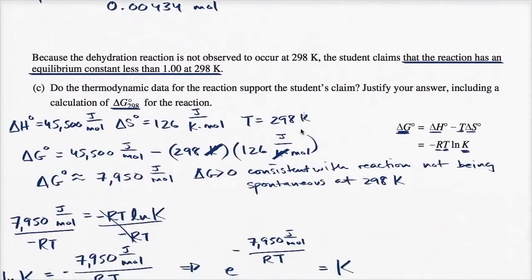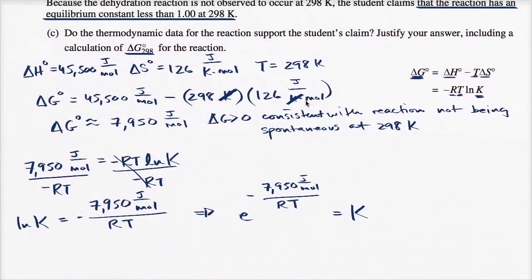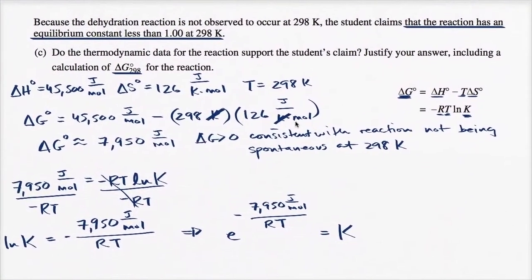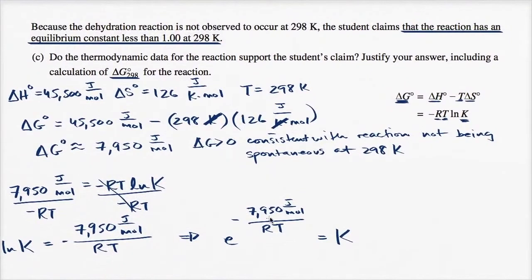But we actually don't even have to do that, because we just have to validate that K is going to be less than 1. What happens if you raise e to a negative exponent? And this is going to be a negative exponent. This is positive. That is positive. This is positive. We know it's 298 Kelvin, positive. So my entire exponent is going to be negative.